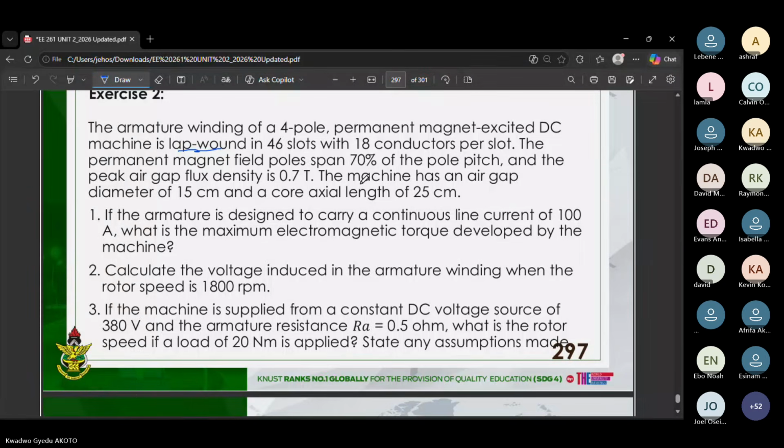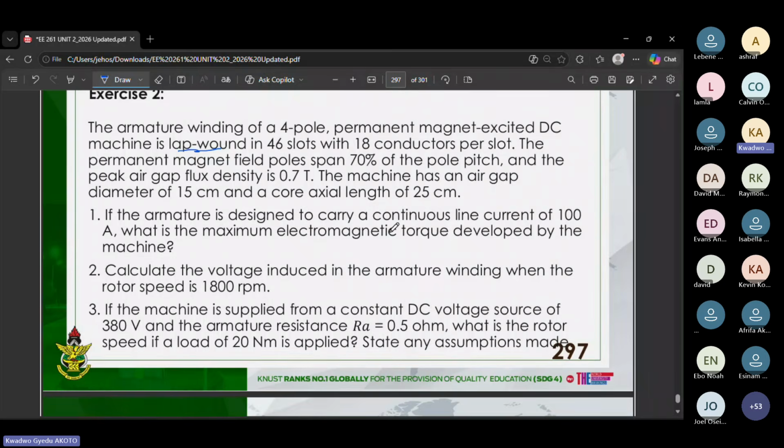Okay. So our pole pitch, which is essentially the distance of the pole which is going to experience the flux, right?